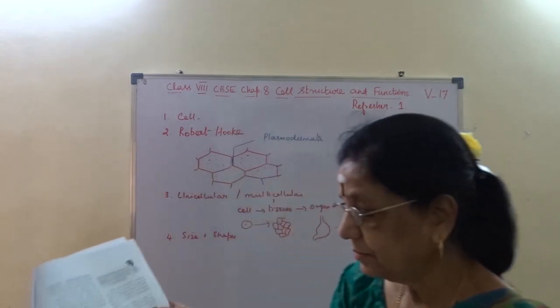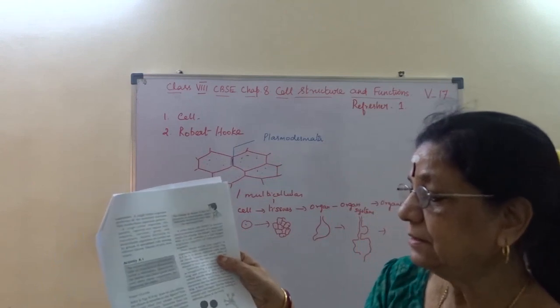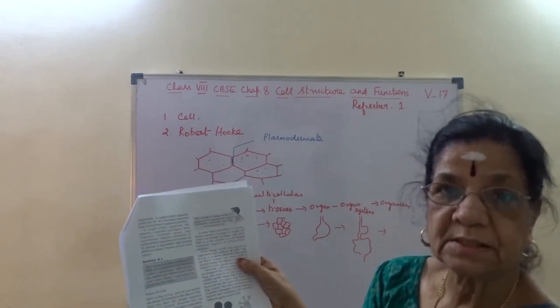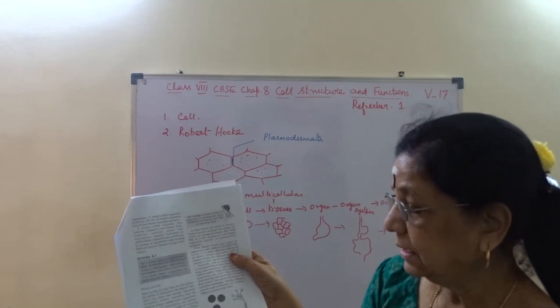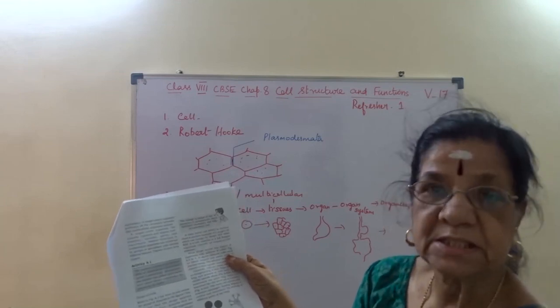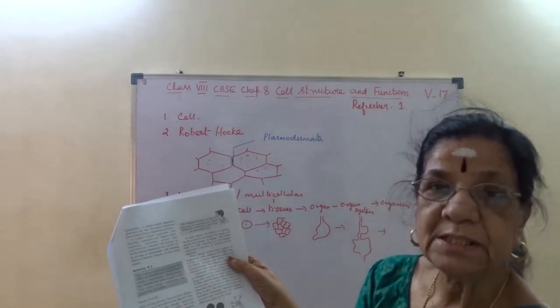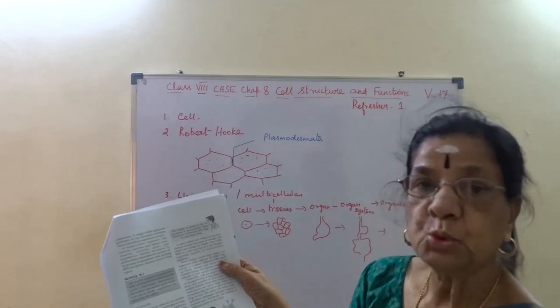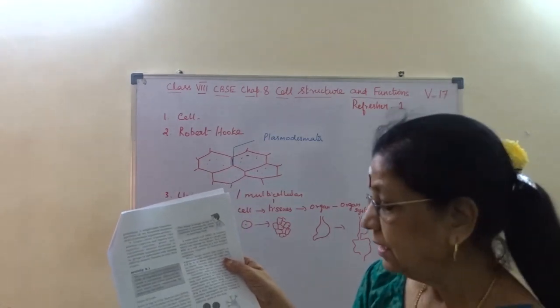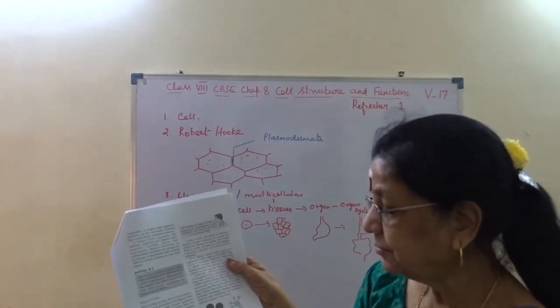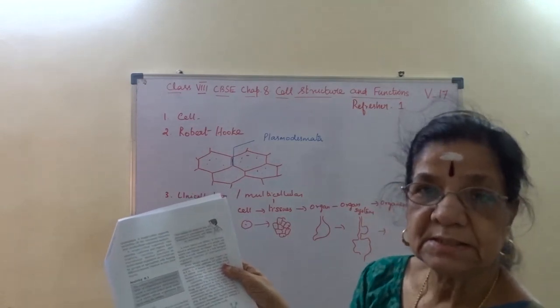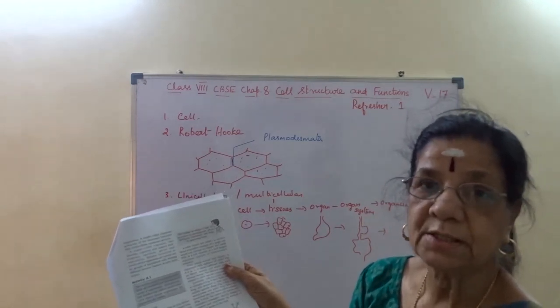It is given as spherical. This is RBC, red blood corpuscle, and this is spindle shape. This is called spindle shape, that is smooth muscle. சரியா? And this is different branched cell. This is nerve cell or neuron.